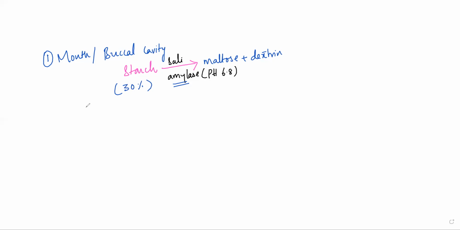This is the important thing to be noted here. Only the starch is being digested, only 30% of it. The others are not digested because of the absence of proteolytic and lipolytic enzymes here.